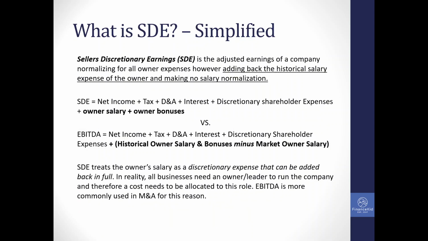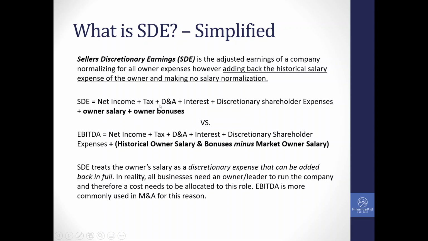Well, SDE, now that we understand EBITDA, is very simple to understand. So instead of going through the exercise of normalizing the market salary, I'm not doing that. Really, seller's discretionary earnings is very similar to EBITDA, except that instead of normalizing, we are adding back the historical salary expense of the owner and making no salary normalization.